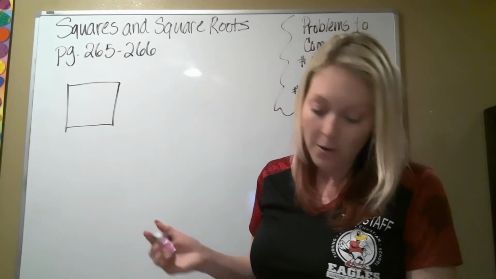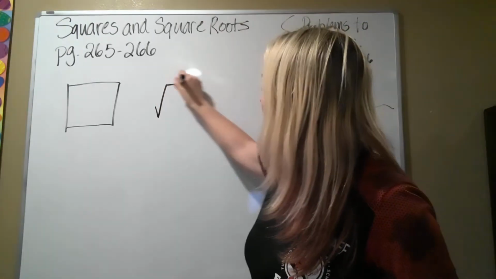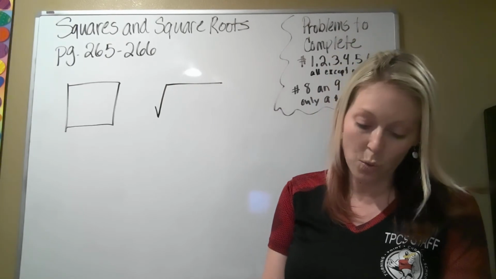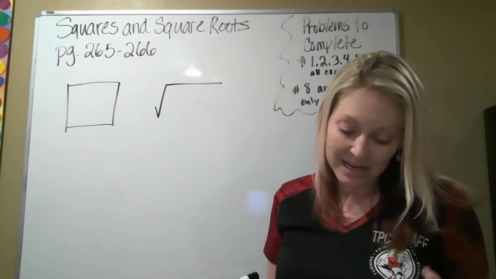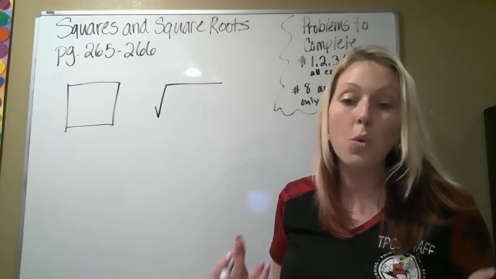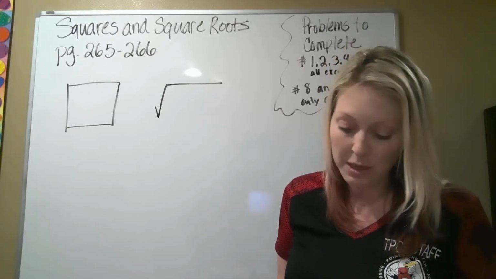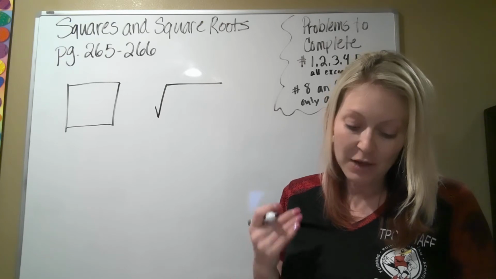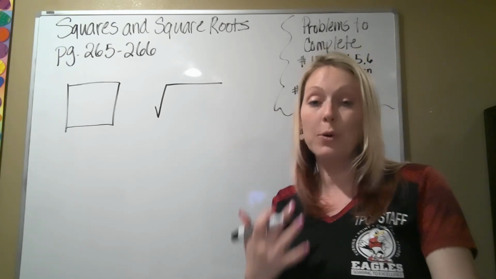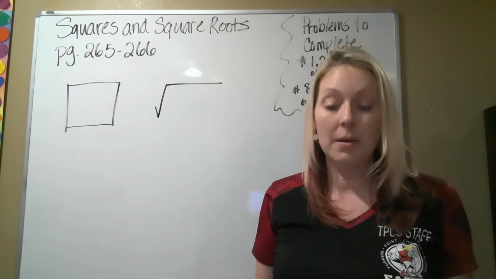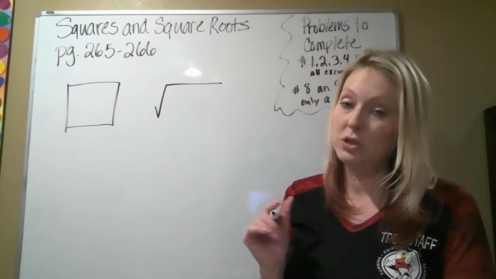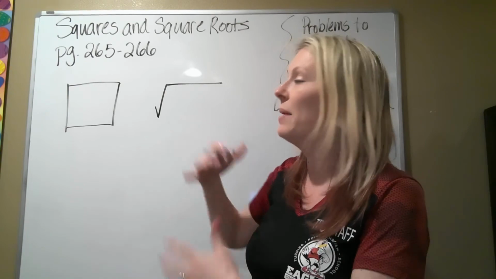That symbol looks like this, and that's called the square root symbol. What that means is that it's there to show you that a square root can be found, meaning that if you do it the backwards way that we just did up on the board, you will end up coming out with the same answer. So let me show you. You're doing it backwards.